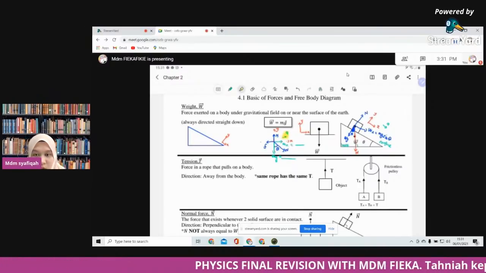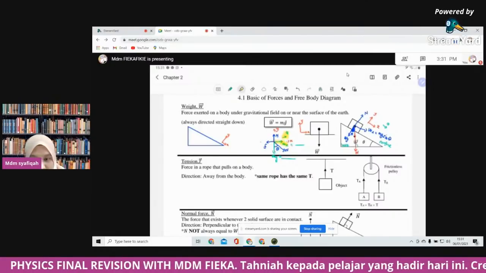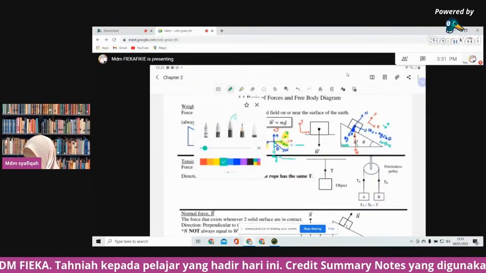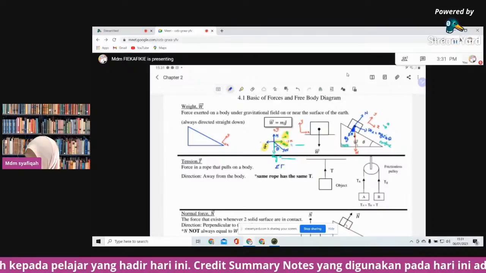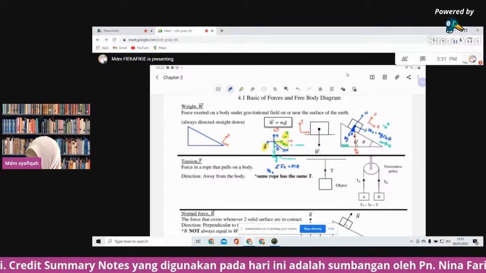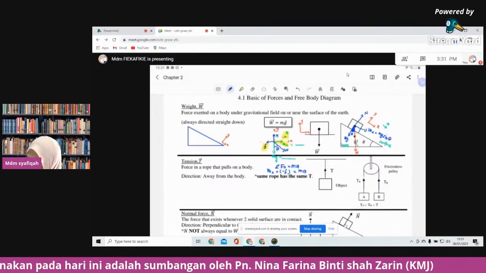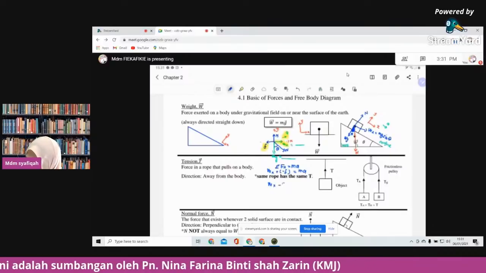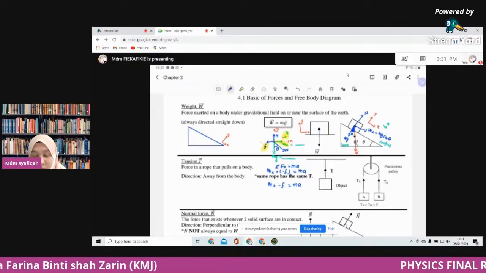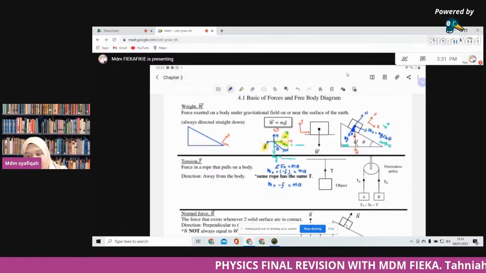So now the object is moving to the right, means that WX must be positive. Total Fx equal to MA, so dia akan jadi WX plus negative friction. So dia akan jadilah WX minus friction equal to MA. Boleh? Okay, good.